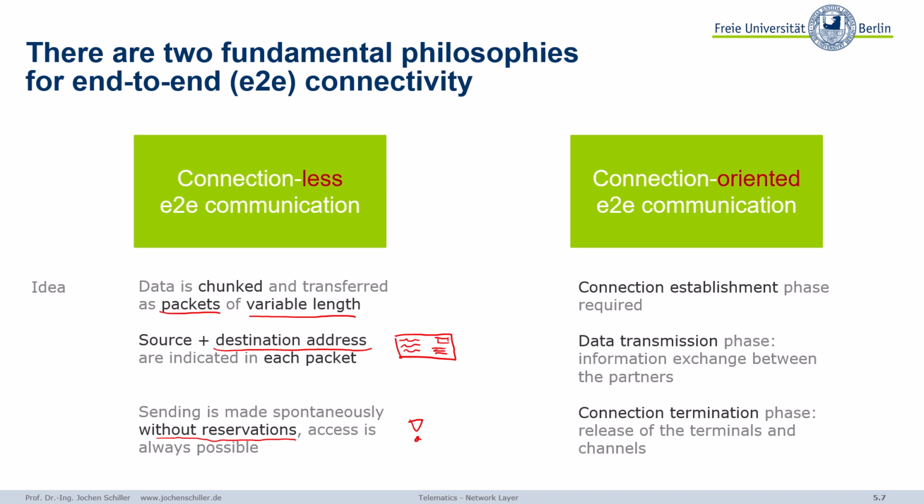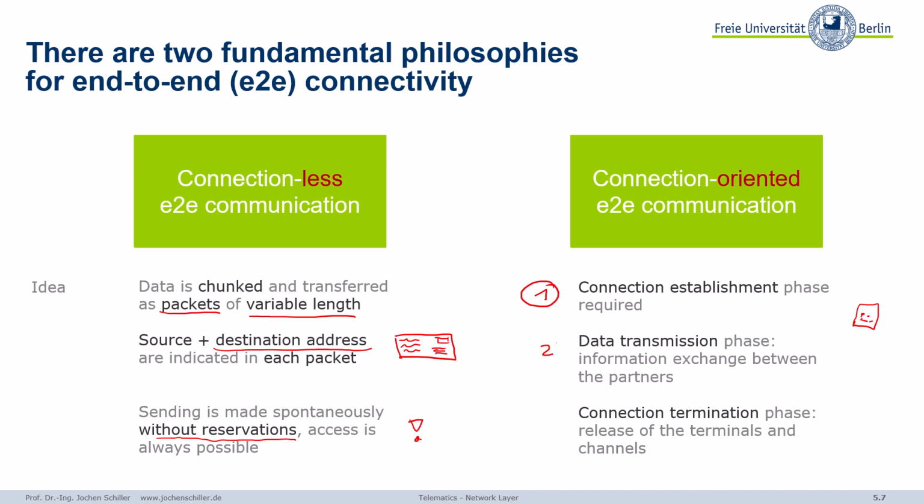And the second way is called connection-oriented end-to-end communication. There we have three phases. First, you establish a connection. That's the first step you have to do. Connection establishment. So for example, you dial a phone number. That's the first thing you do if you want to call someone. You dial a phone number on your mobile phone.